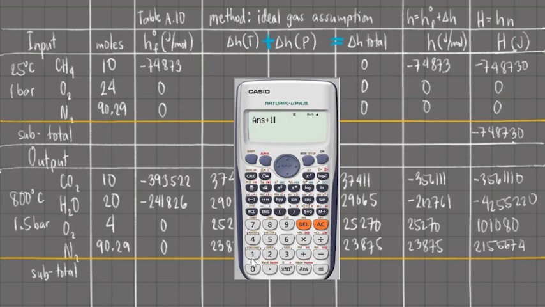We add 101,080 for oxygen plus negative 4,255,220 for water vapor plus negative 3,561,110 for CO2. Our total, negative 5,559,576. This is in joules.